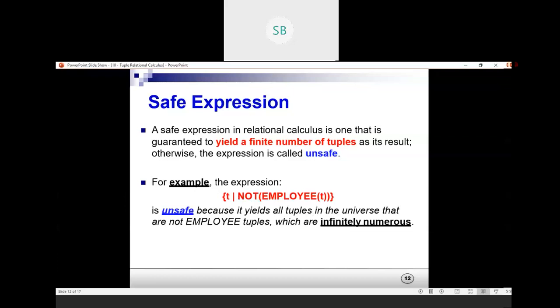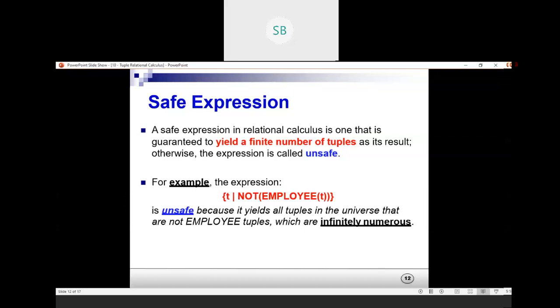Whatever the table, suppose we have a student table, we have a department table. In that way we have n number of tables, so it will print out the tuples of all those tables. So we cannot count it, right? So this kind of expression is said to be unsafe.